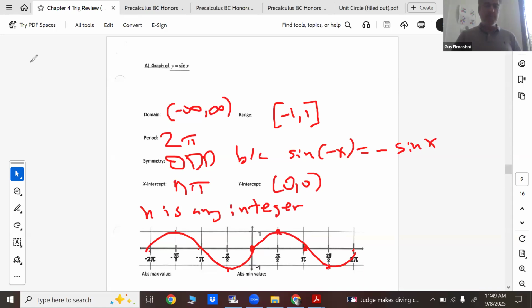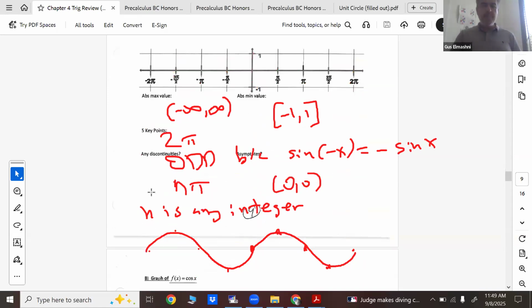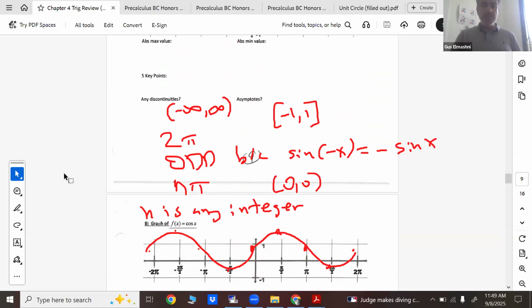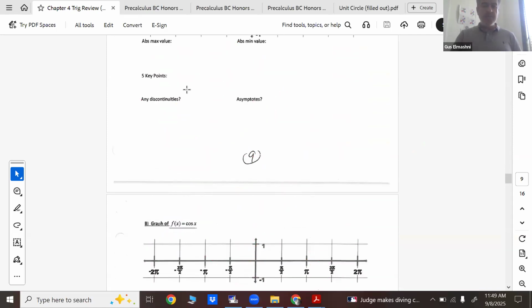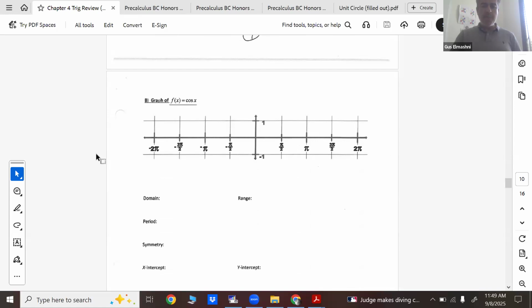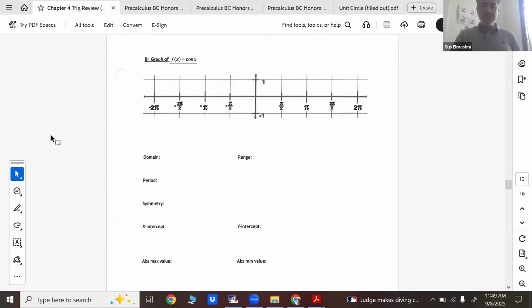All right, let's keep on moving. There are no discontinuities, no asymptotes. So that's none, none, and none. Cosine works the same way. It starts at the peak though, because cosine of 0 is 1.